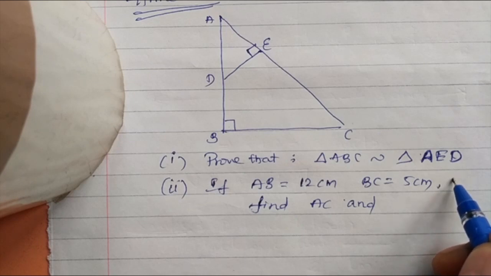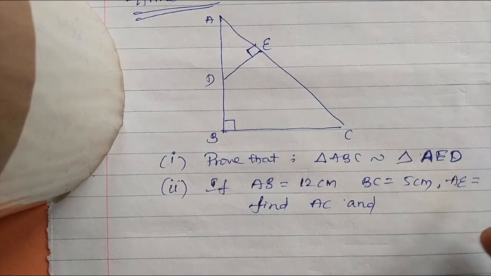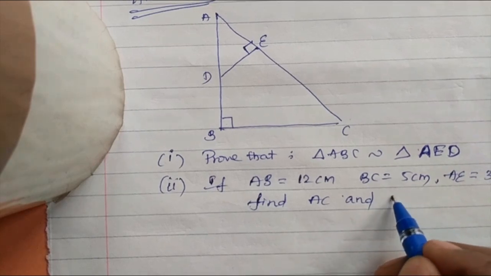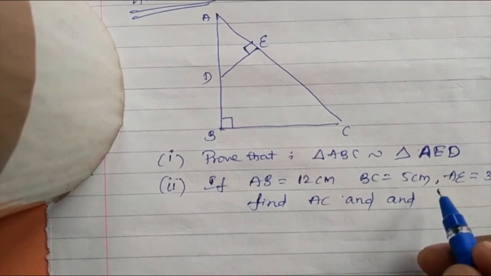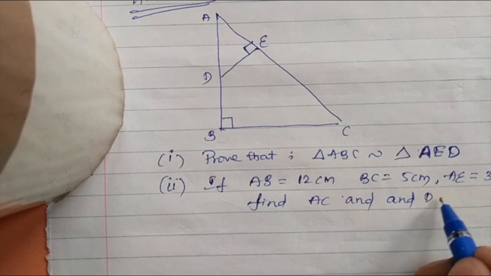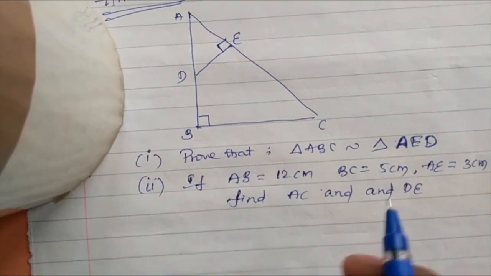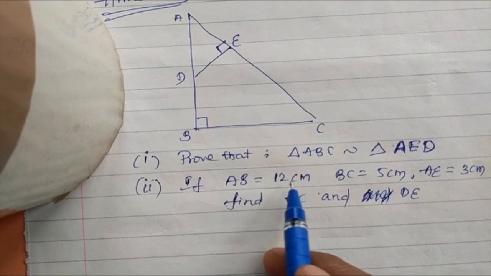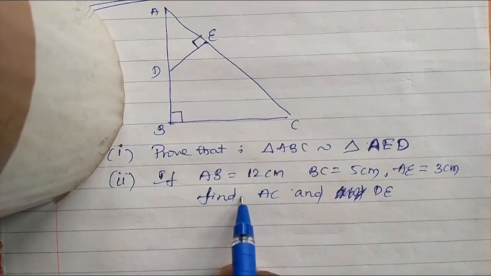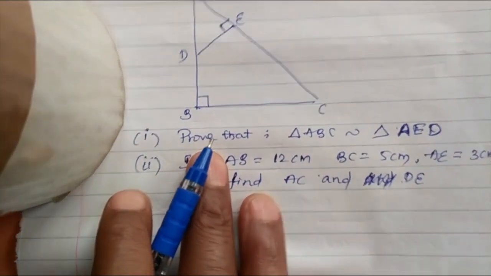AB, BC and AE also will give. AE equal to 3 centimeter. Find AC and DE, both you find out. There are two unknowns. AB 12, BC 5, AE 3. Find AC as well as DE, both.